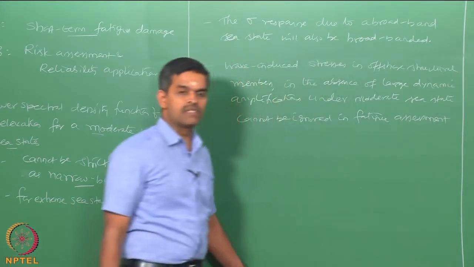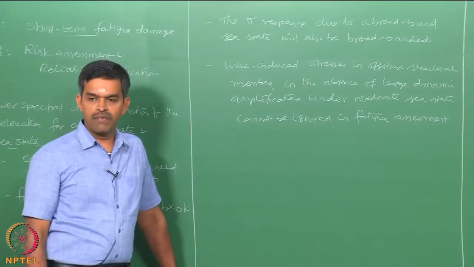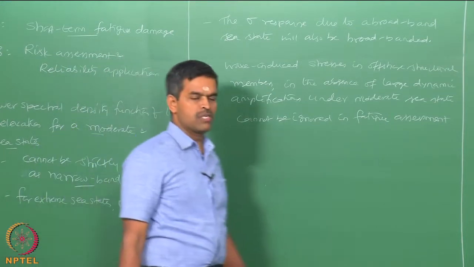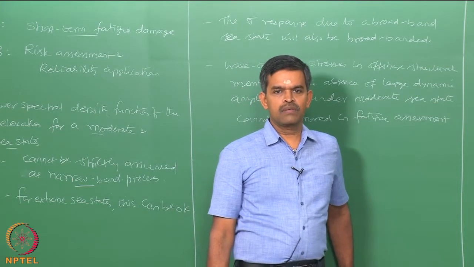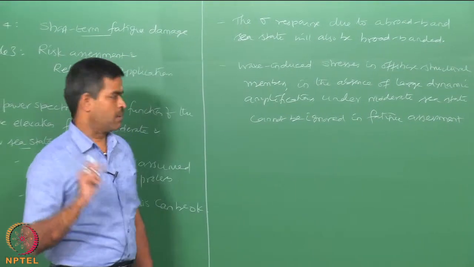So, one cannot simply say I am going to idealize it as a narrow band process, the stress ranges, and try to get the assessment, which may not be correct, because in reality the moderate and low sea states are generally not narrow banded, they are broad banded. So, therefore, they have significant humps near the wave spectral peaks.